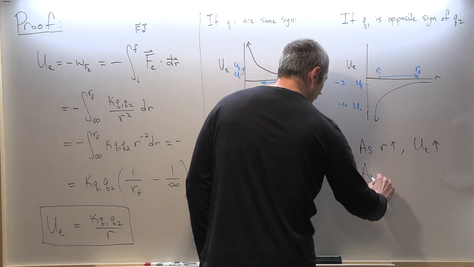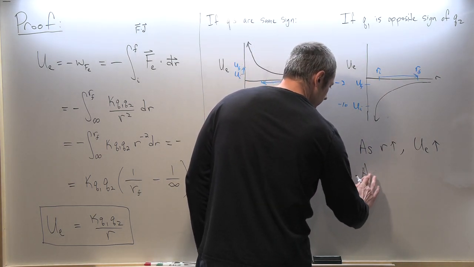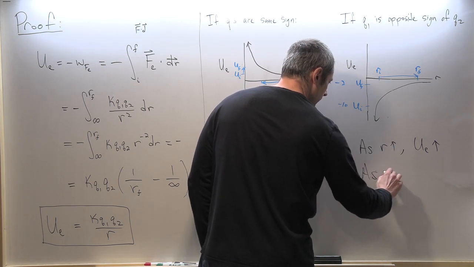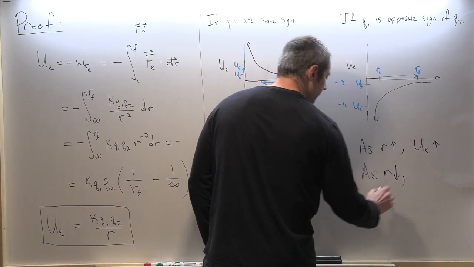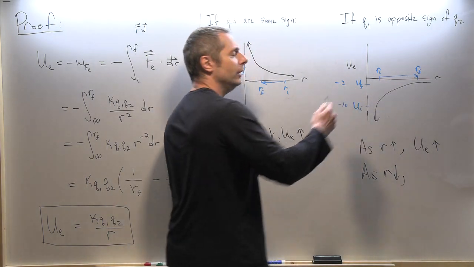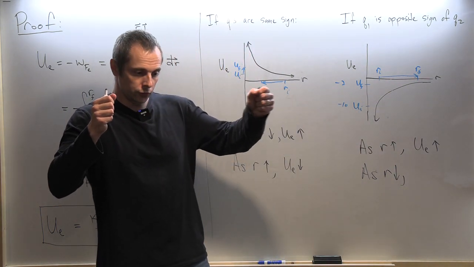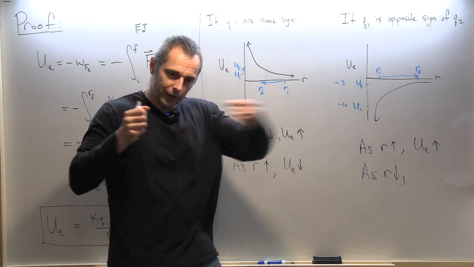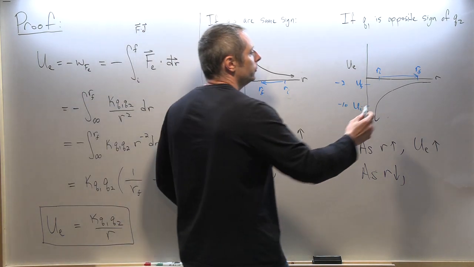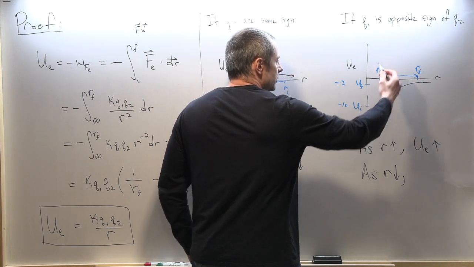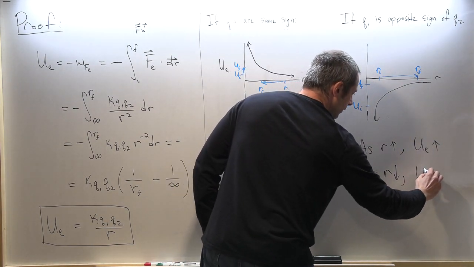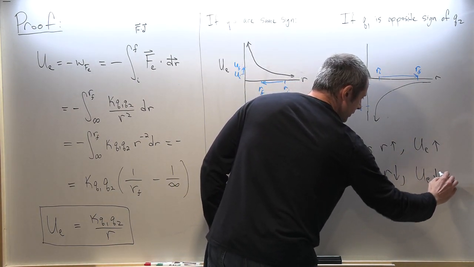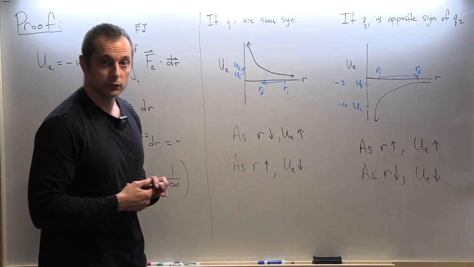And as R decreases, now it's falling, right? So we let the electron fall, and it's losing potential and gaining kinetic, right? It's going to slam into the proton. So we see the potential energy is getting less, meaning the kinetic energy is going to go up as that falls.